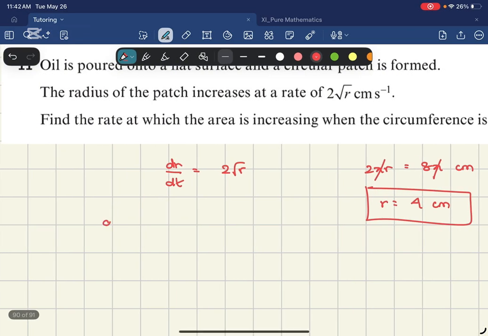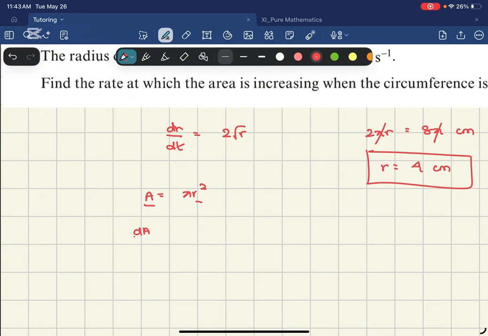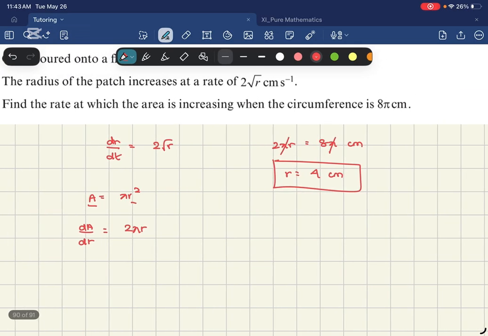Find the rate at which the area is increasing. So area of a circle is pi r squared. Because A is defined in terms of r, it's always useful to find dA by dr. And that is going to be 2 pi r, which is the circumference, right? And actually, instead of substituting 4 later, we can directly substitute 2 pi r. Okay, let's leave it for now.